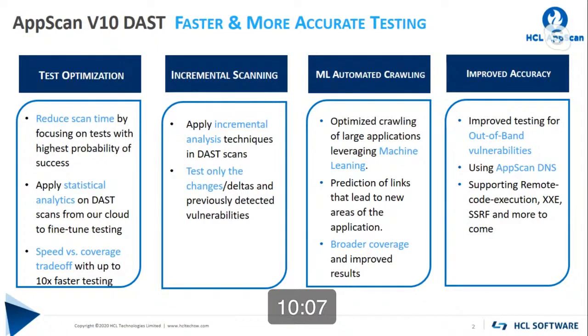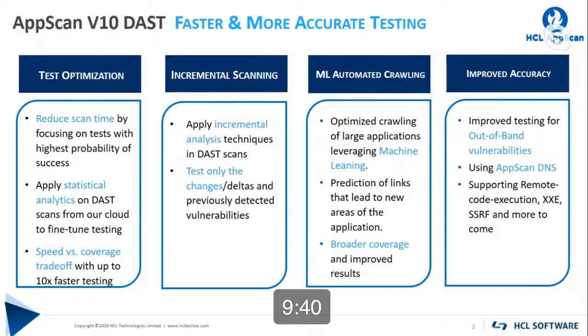Yes, Aitan? Yeah, and I remember that we first talked about this, and I heard about the research that was done. It was really exciting. I mean, this is potentially groundbreaking on the dynamic side, and I've included in the description for this video another video that we recorded before, a demo of how it is done today with AppScan Standard, and I believe this is just the start for us, right? It's a whole new journey that we are going to follow here.